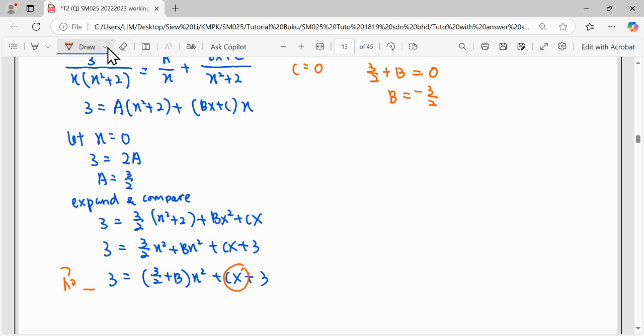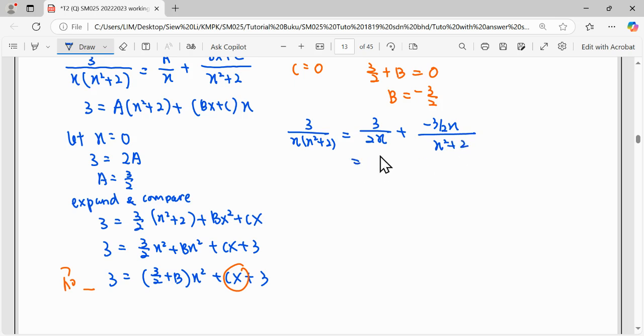So finally, we need to rewrite our partial fraction. A is 3 over 2x, b is negative 3 over 2x, c is 0.